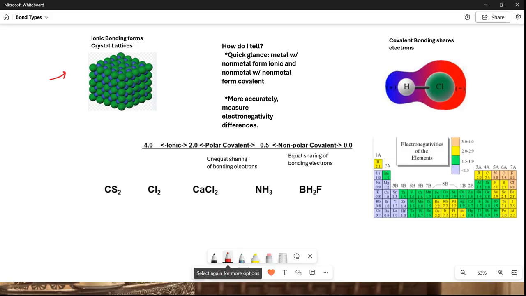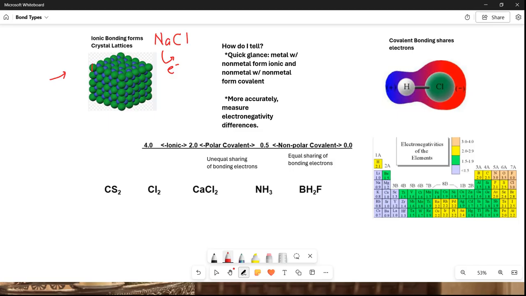Ionic bonding is when one atom donates electrons to the other atom and they form what's called a crystal lattice. An example of that would be table salt. Sodium chloride gives an electron over to chlorine and chlorine gains it, and that transfer of electrons forms the attraction.